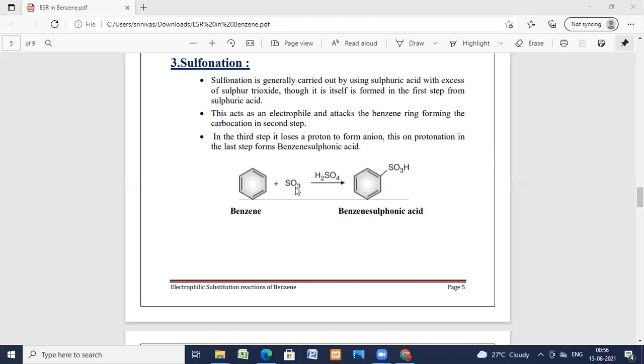Here the benzene gets the neutral electrophile sulfur trioxide by taking excess sulfuric acid, and from this we get the sulfur trioxide electrophile, and benzene sulfonic acid is formed.